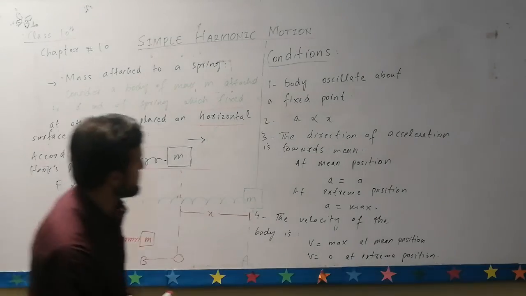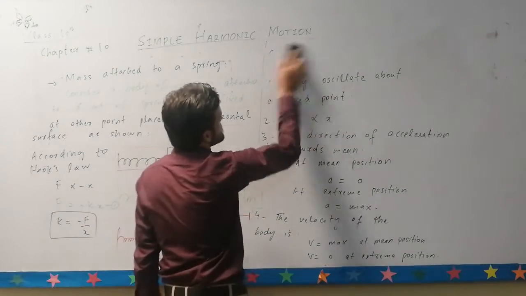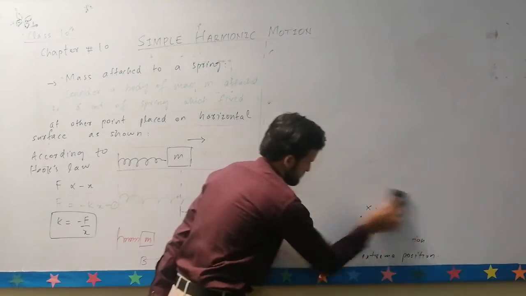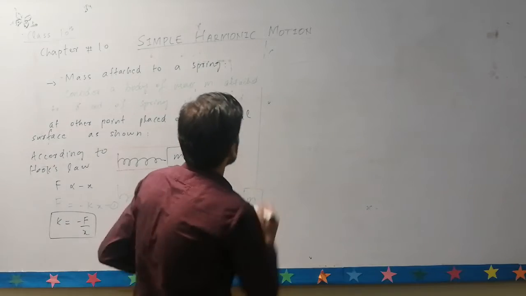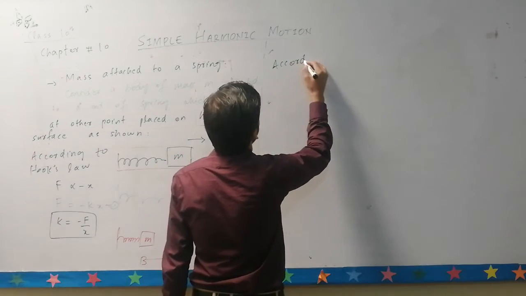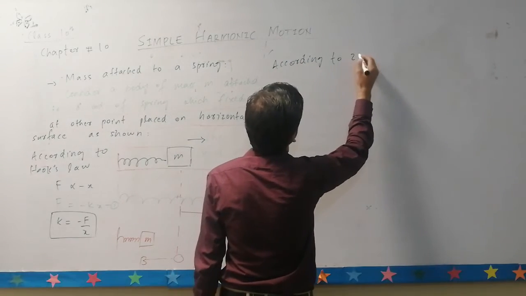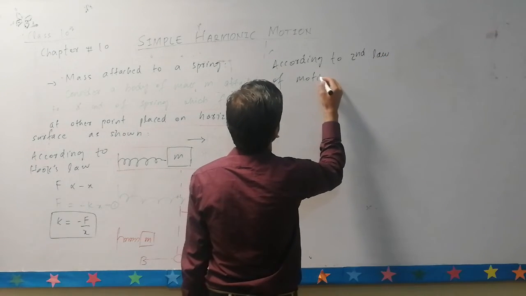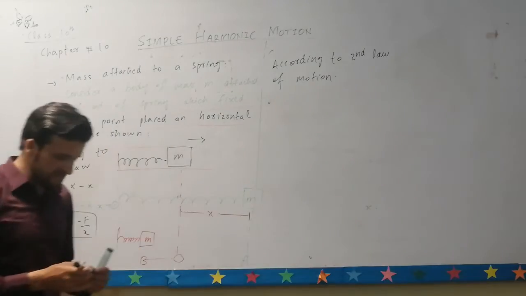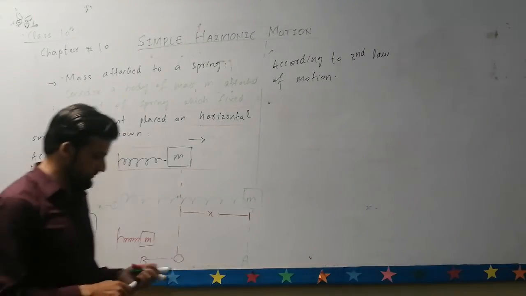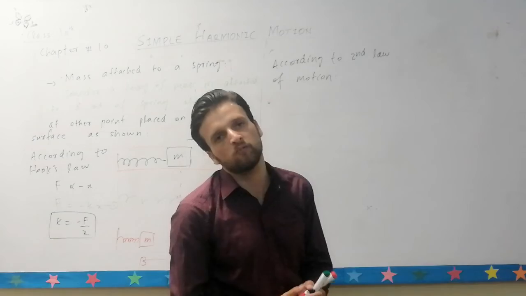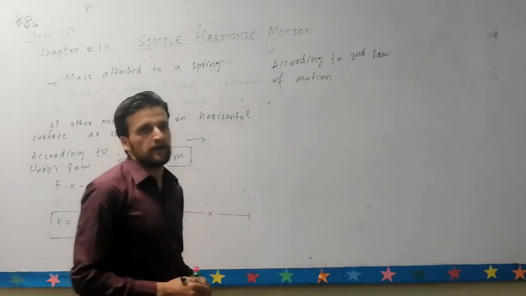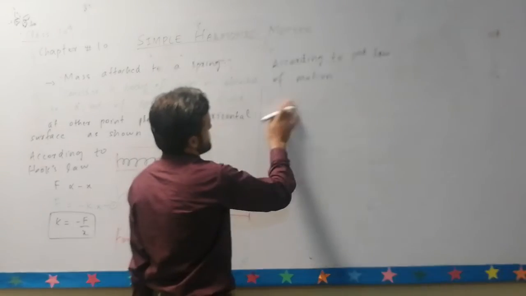Now we apply the second law of motion on this motion of the body. According to the second law of motion, when a body moves due to force F, an acceleration is produced in the body, and this acceleration is directly proportional to the applied force and inversely proportional to the mass of the body.